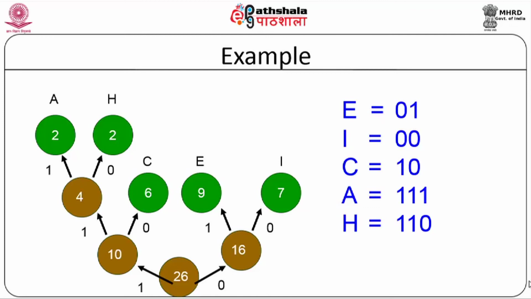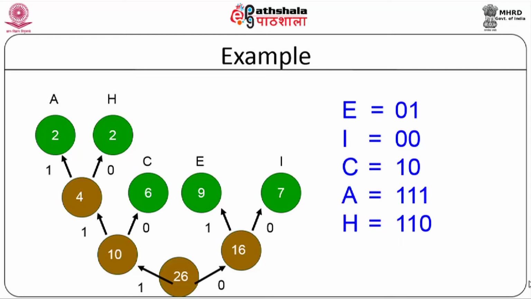So, now you can see that A is 1 1 1, H is 1 1 0, and C is 1 0, then E is 0 1, and I is 0 0. So, you can see that this is a variable code.